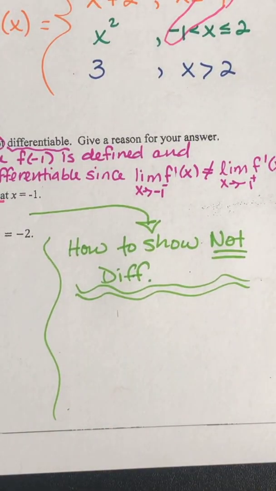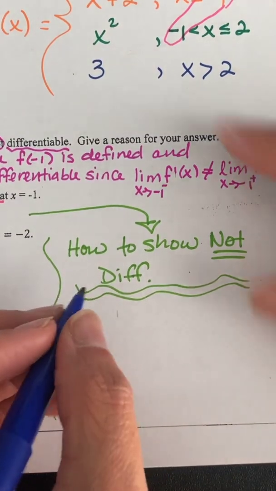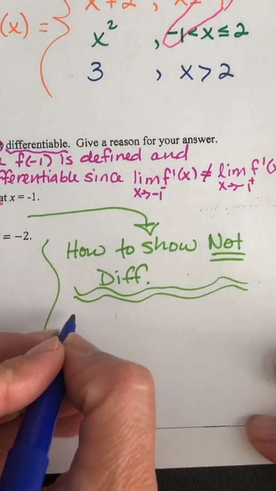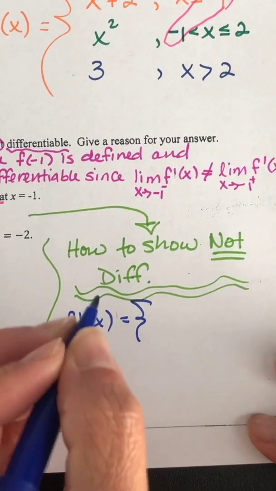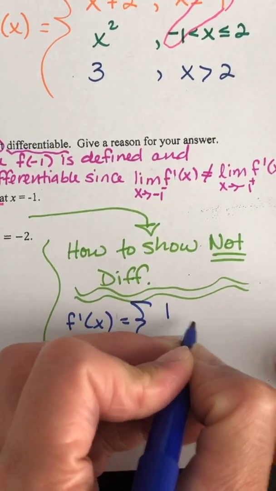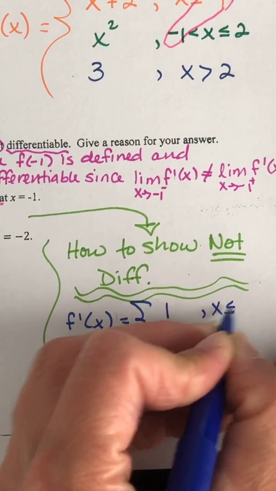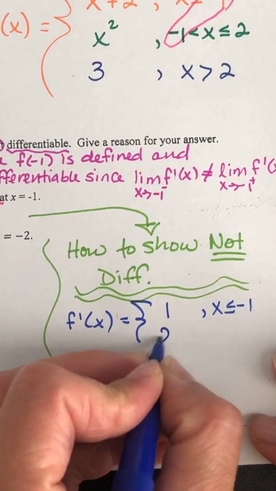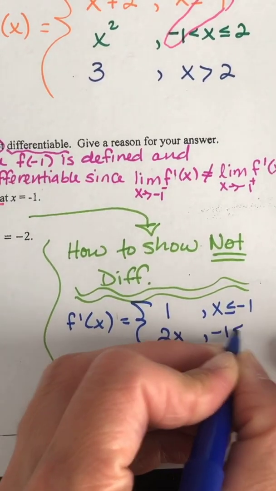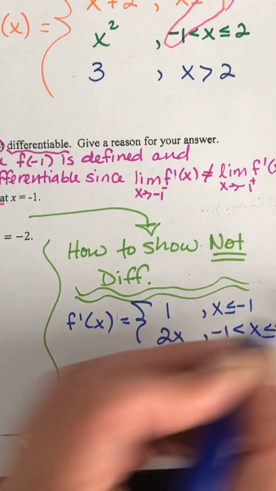Well, just like in the warm-ups, that means we have to find the derivative of just those two pieces. So let's find f prime of x. The derivative of x plus 2 would just be a 1, where x is less than or equal to -1. And then the derivative of x squared would be a 2x at -1 less than x less than or equal to 2.